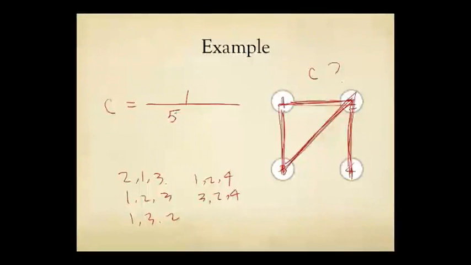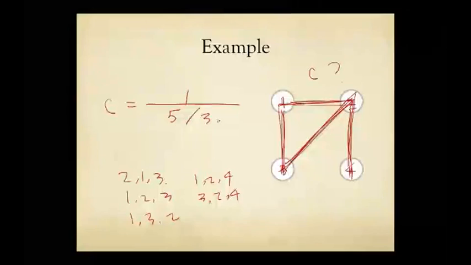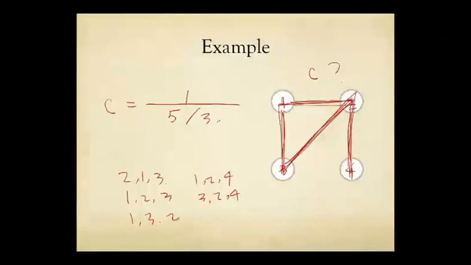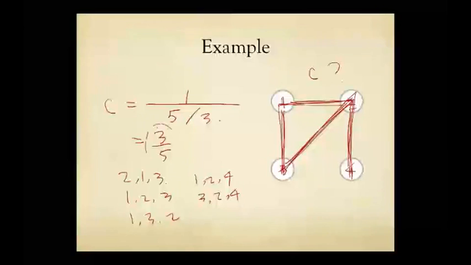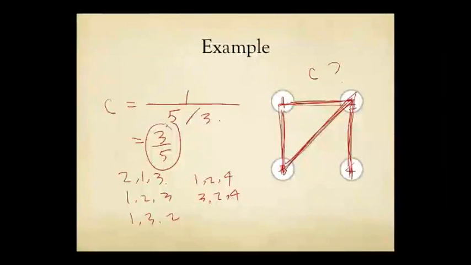Of course, some of them we basically counted more than once. So we have the normalization divided by 3. And that means the clustering coefficient of this graph is 3/5, which is a pretty big number, considering that C must lie within 0 and 1. Okay. And that satisfies our intuition, because in this graph we can see that it is reasonably triad closed.